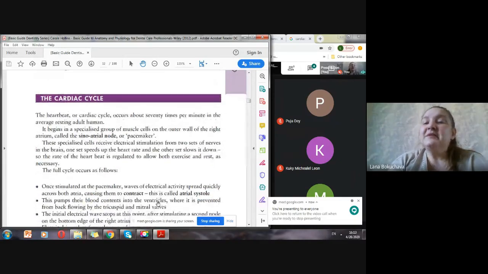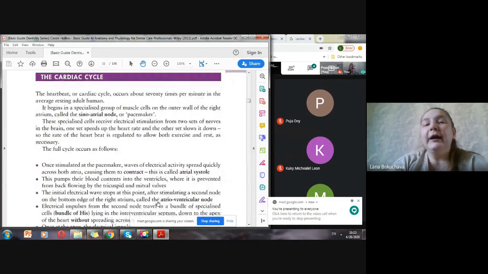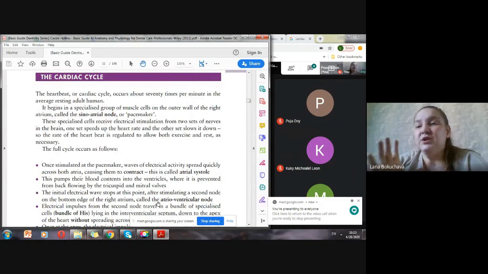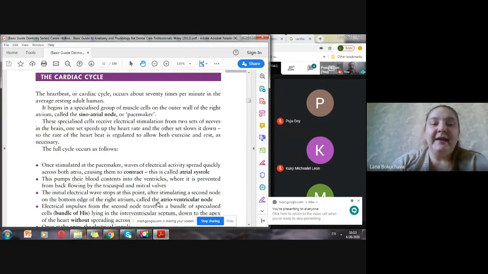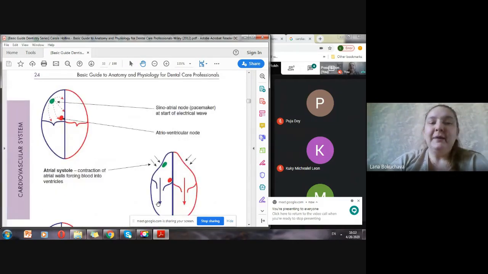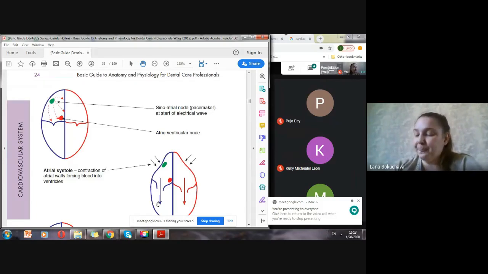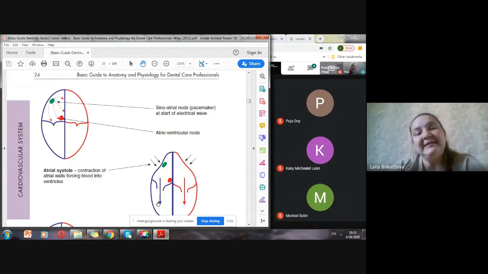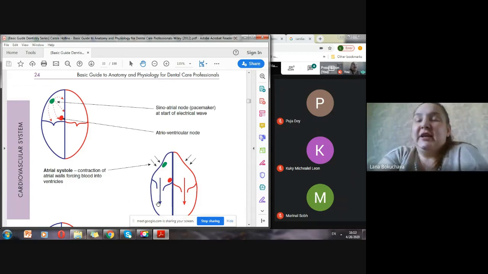So here comes some physiology of the heart, which is associated with an important function, the cardiac cycle. So what is the cardiac cycle and what is it dependent on? So coming back to the heart again, what we need to remember. Before understanding the cardiac cycle, I want you to understand how our cells are functioning.